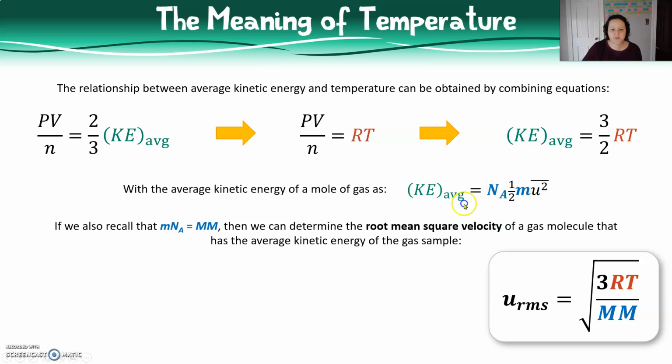Now, from this expression, if we recall that the mass of one molecule times Avogadro's number really just gives us the molar mass, then we can see here that those two terms are present in this equation.